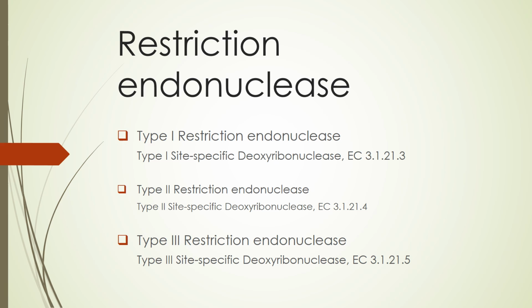Type 2 restriction endonuclease and methyltransferase recognize the same specific nucleotide sequences. The majority of type 2 restriction endonucleases cleave DNA at the recognition sequence, while a small number of enzymes called type 2S cleave the DNA at a defined distance from the recognition site.